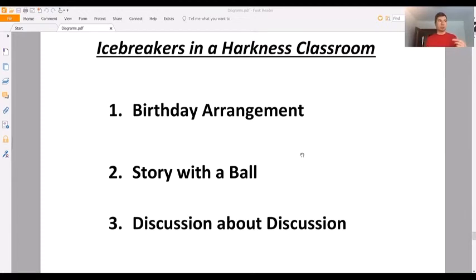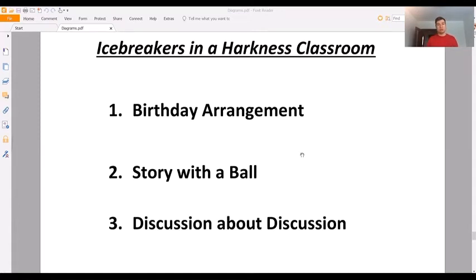Also keep remembering who's gone, who hasn't gone yet, so that you can pass the ball to the person who hasn't gone yet. And also emphasizing as well is that everybody needs to share something, and everybody's contribution is valued, and there's time for everybody to do so. So that's the story with the ball.